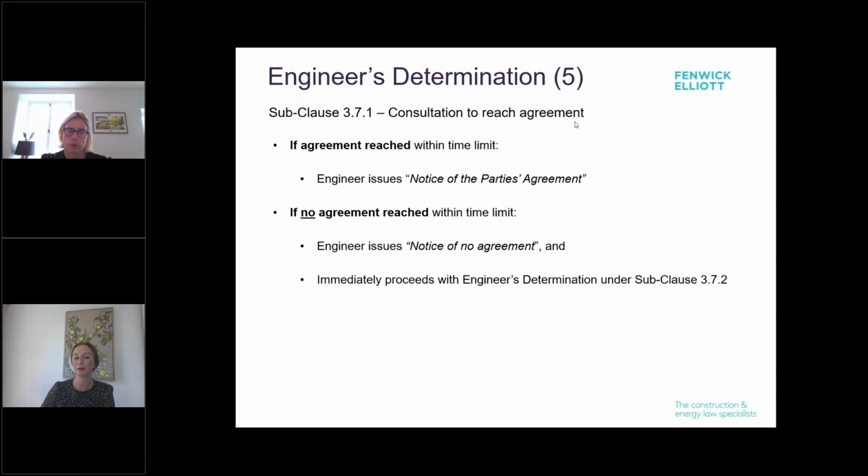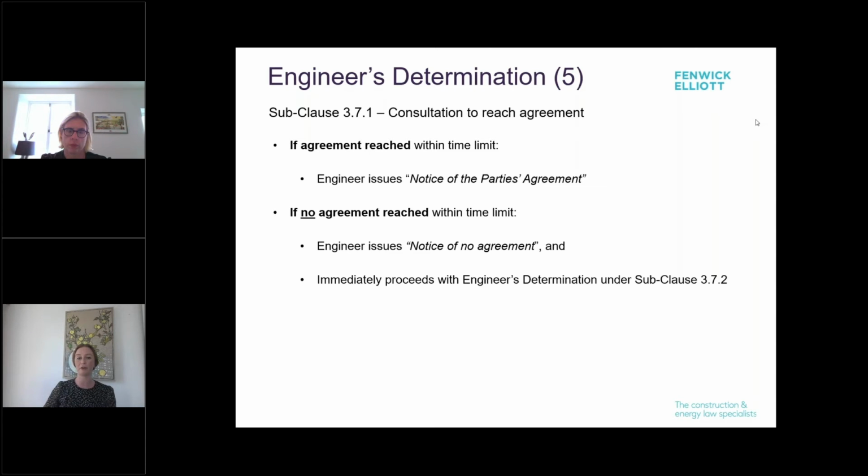So continuing on this obligation, if within that 42-day time limit an agreement is reached, the engineer has to issue a notice of the parties' agreement. And if no agreement is reached, the engineer issues a notice of no agreement and then immediately proceeds with the engineer's determination under subclause 3.7.2.